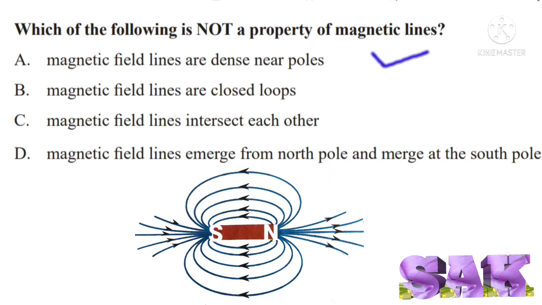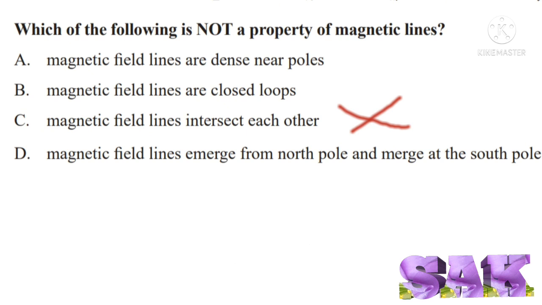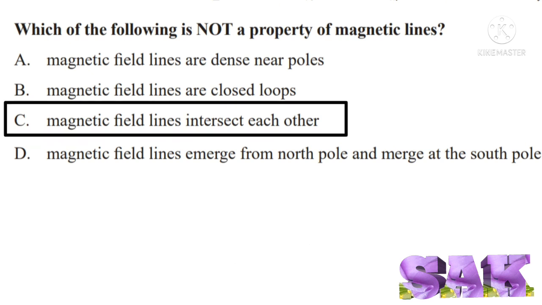This statement is also correct. Option D is also correct. Magnetic field lines emerge from North Pole and merge at the South Pole. Magnetic field lines never intersect each other. In option C, it is given that magnetic field lines intersect each other. This is not the property of magnetic field lines. So, correct answer for this question is option C.